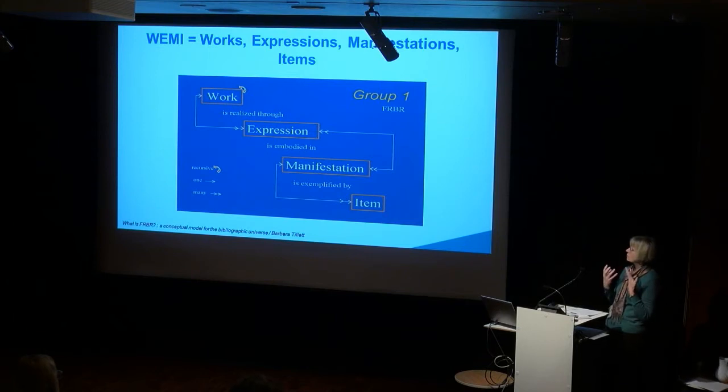So we start off with the work. It's the big idea. It's the envisioning of the book or whatever it's going to be. And the expression is how it's realised. Is it going to be a written expression, or is it going to be a musical expression, or a spoken word expression.